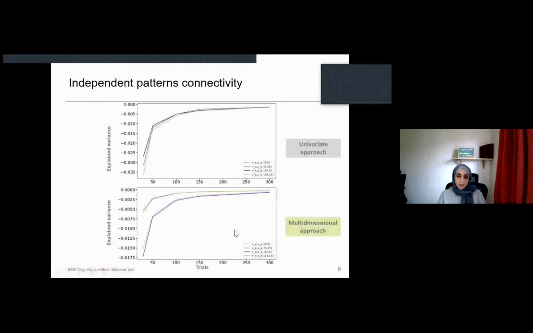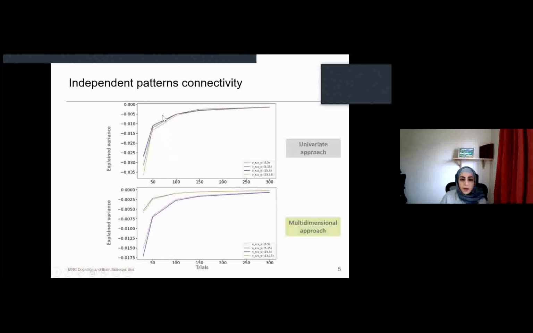This is the result of the first scenario, in which we had 2 independent patterns. On the top, we have the result of the univariate approach, and here we have the result of the multidimensional approach. On the x-axis, we have different numbers of trials, and the y-axis shows the connectivity score, which is explained variance.